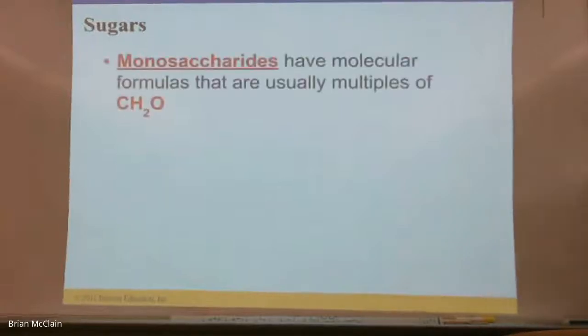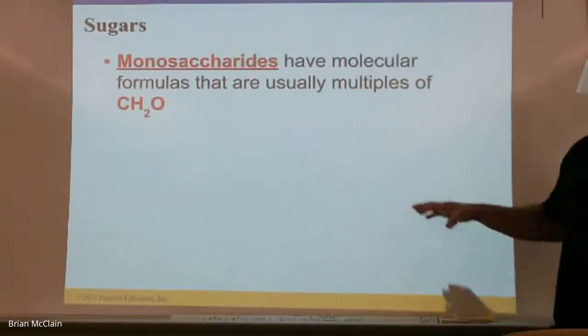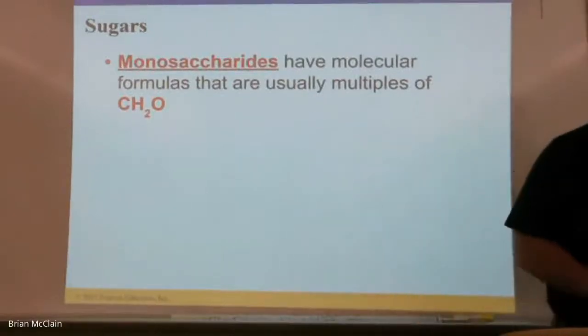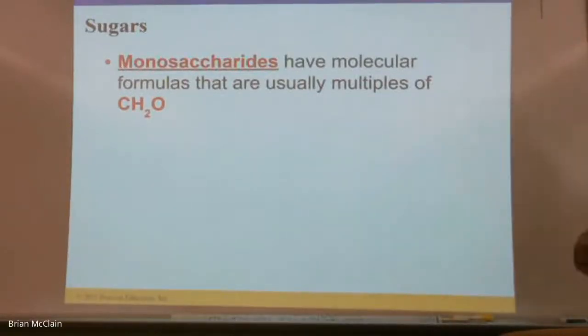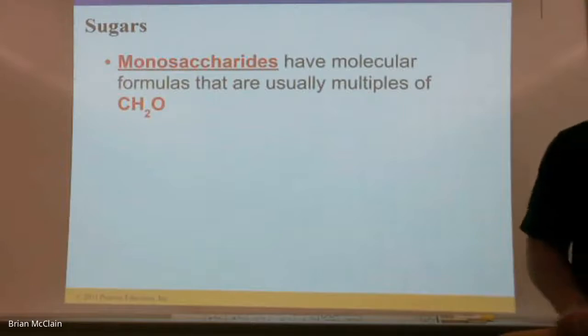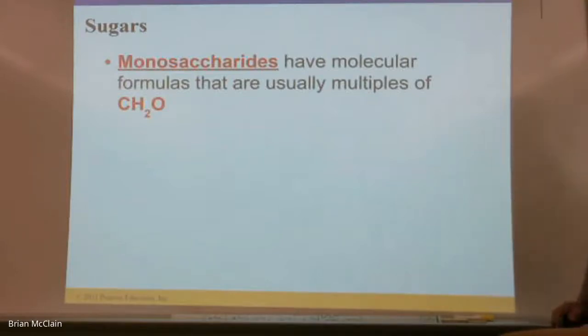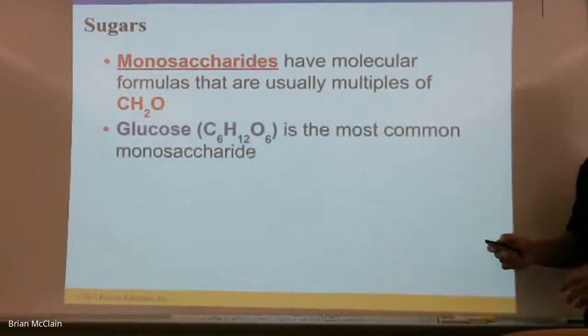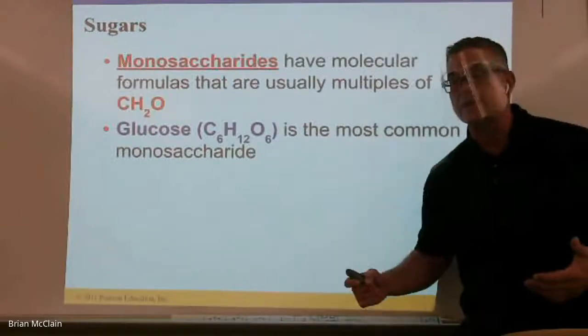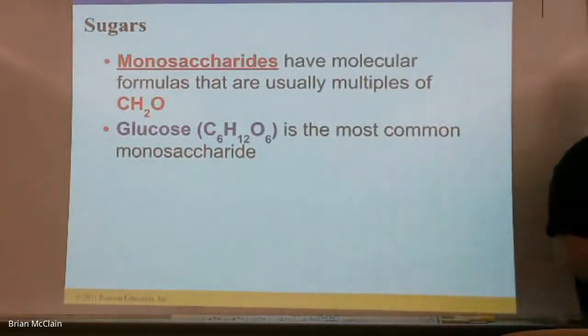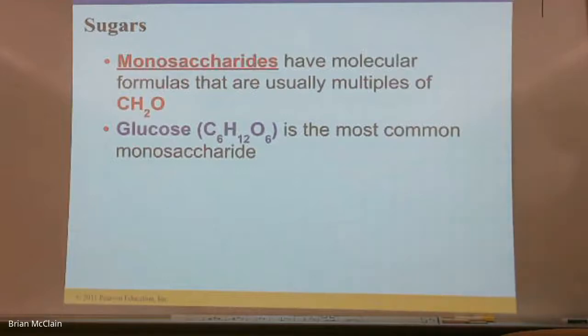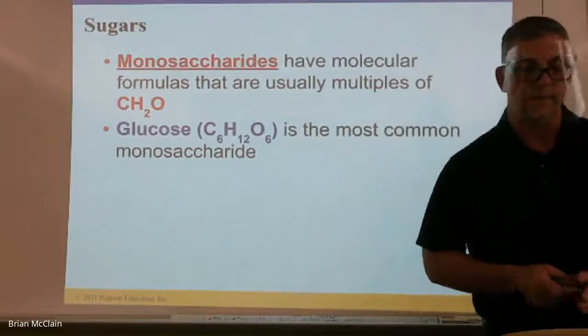All right, so here's the general formula for a monosaccharide. They all are pretty much built the same way. So they're going to have a 2-to-1 ratio between the hydrogen and the carbon and oxygen in most cases. And a lot of times we see C6H12O6 and we immediately say that's glucose because glucose is the product of photosynthesis that our plants are going to execute in so many ways.